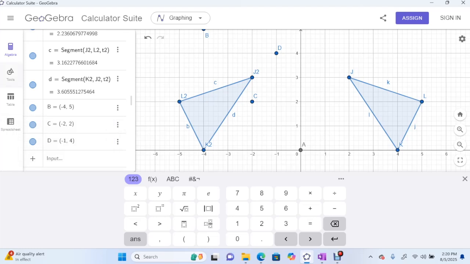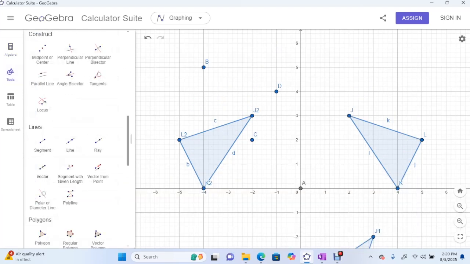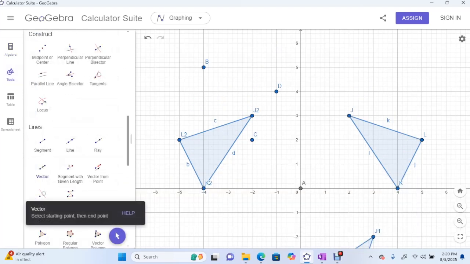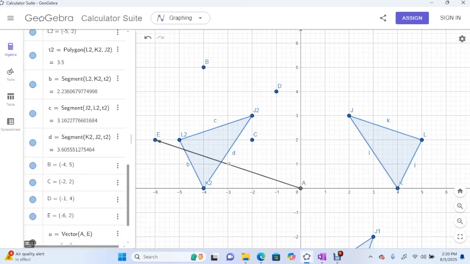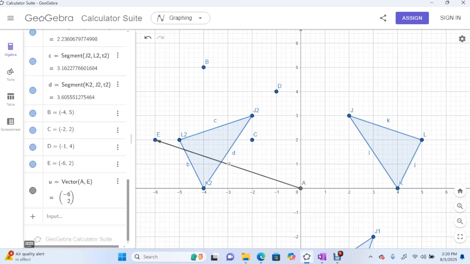Let me just go to the tools and then define a vector here, starting from 0 all the way to -6, 2. This becomes the vector. Now let me go to algebra mode and see. Yeah, I have the vector AE, which is -6, 2. Okay, that one worked.